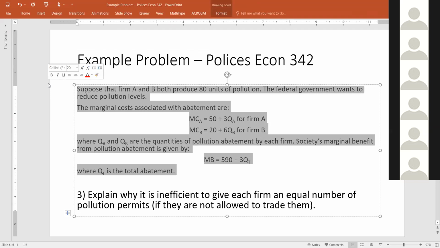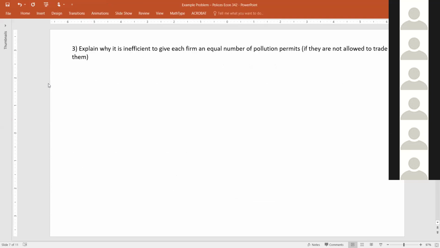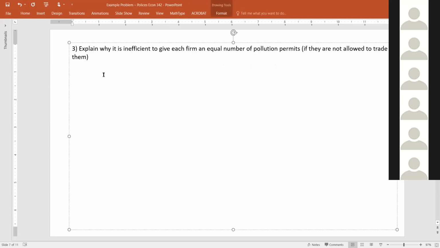Explain why it would be inefficient to give each firm an equal number of polluting permits if they weren't allowed to trade. So in other words, what we're talking about is pollution cap, but no trade. And I'll put that in all caps.